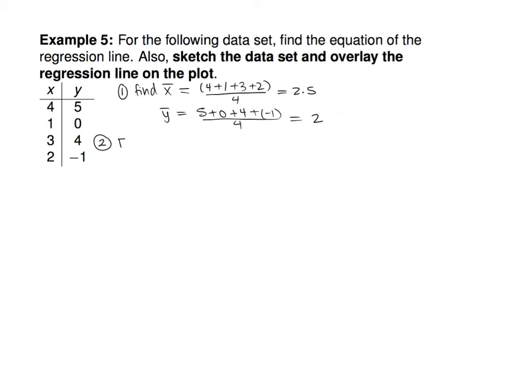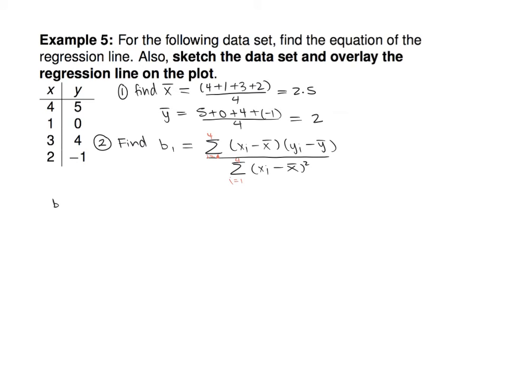Then the next thing you do is you find beta 1, and recall that's equal to the sum of xi minus x bar, yi minus y bar, all over another sum of xi minus x bar squared. Now, because you have 4 points, this i is going to go from i equals 1 to 4. And what that's telling you to do is first you plug in 1, then you plug in 2, then you plug in 3, then you plug in 4.